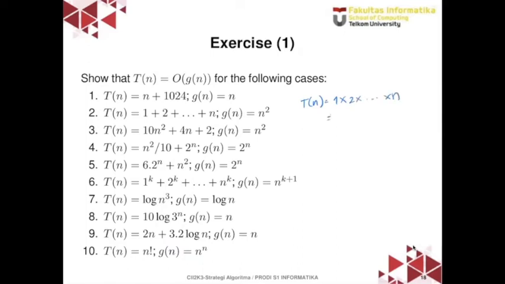And because 1 is less than or equal to n for n not 0, of course, we can say it like this, which is equal to n to the n. So we have n0 and we also have c, which is 1. So we can conclude that Tn is in big O n to the n.